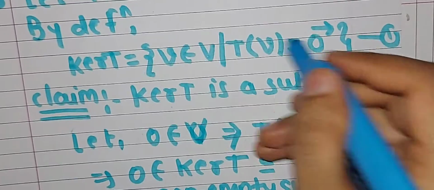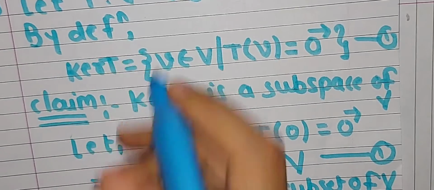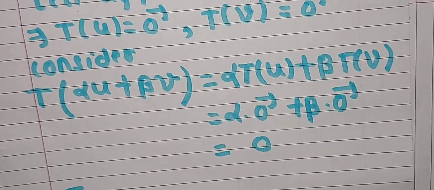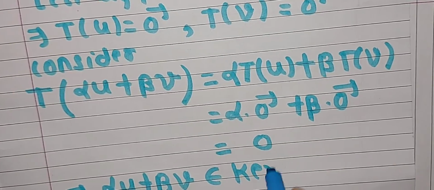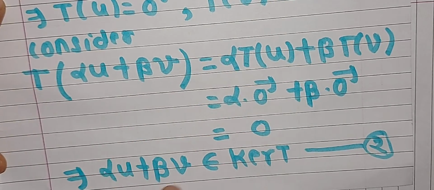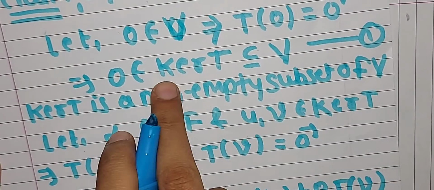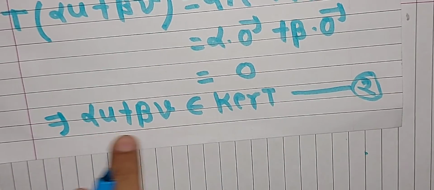Observe one thing: by equation number 1, if we have T of v equal to 0 bar, then v belongs to the kernel of T. Similarly, now we have obtained T of alpha u plus beta v is equal to 0 bar, which implies alpha u plus beta v also belongs to our kernel of T. So this is our second condition, that is, closure with respect to addition and scalar multiplication is satisfied in the kernel of T. In condition number 1 we have already proved that kernel T is a non-empty set, and now we have proved that it is closed with respect to addition and scalar multiplication.